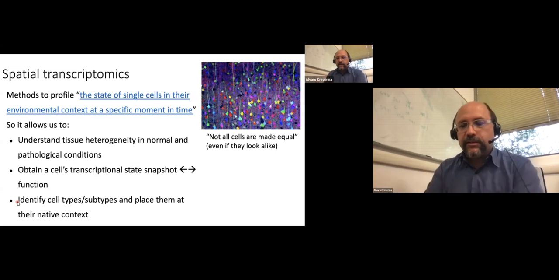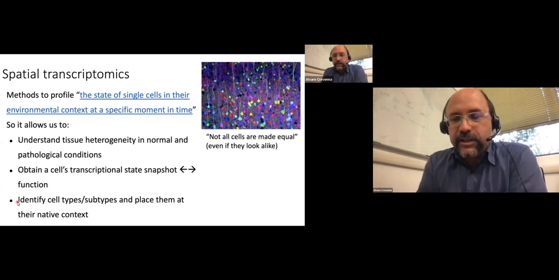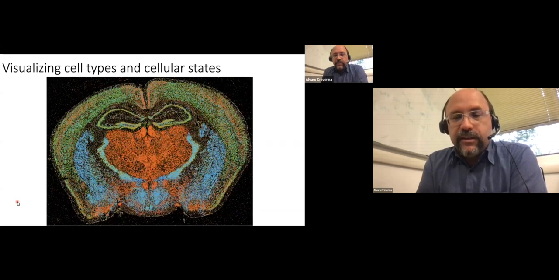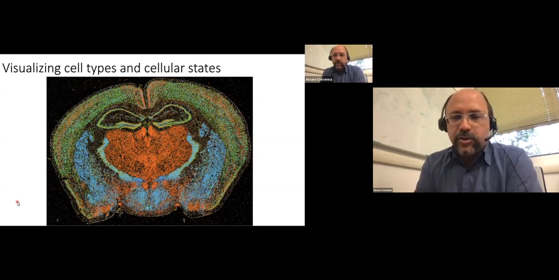In other words, we want to go from these types of pictures to these, where we have an understanding of the molecular profiling of the tissue, and can understand the cell type and cell state within complex biological tissues.